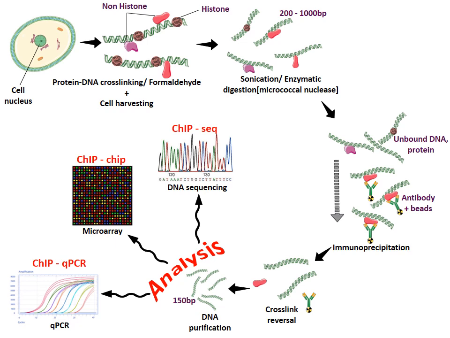The assay begins with protein DNA cross-linking by the use of fixatives like formaldehyde. There are histone proteins and non-histone proteins. The histone proteins here form the nucleosomes. The use of fixatives like formaldehyde fixes or preserves these intact proteins at their specific DNA binding sites.